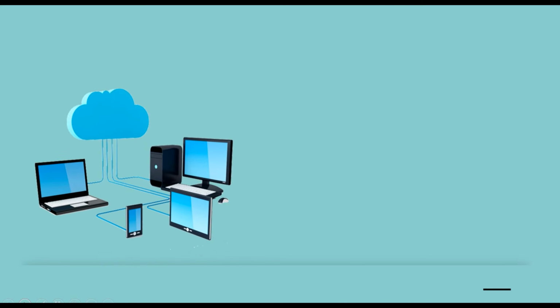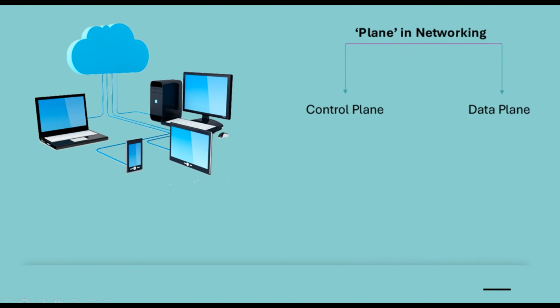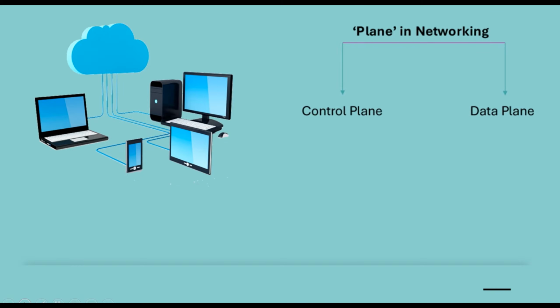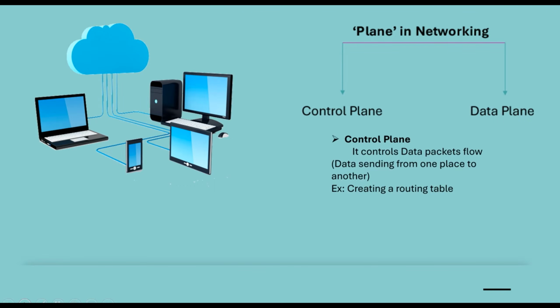Okay guys, before I give you an overview of the Consul architecture, I would like to proceed with some plane concepts inside networking. Those who belong to a network background know what a plane is inside networking, but for those who don't, don't worry, I am explaining the plane concept in very easy terms.